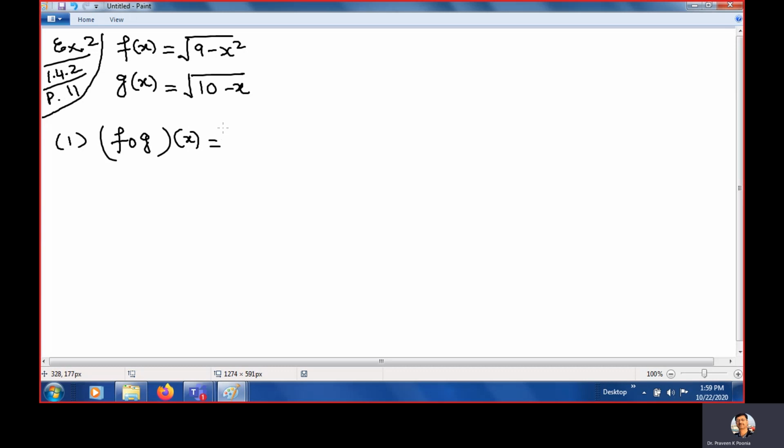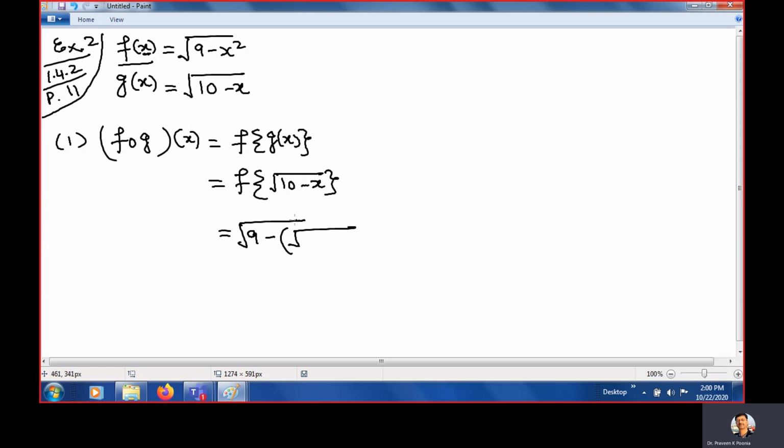Okay, let us find it. So f composition g means f of gx. So f, put the value of gx. The value of gx is square root of 10 minus x. And what is f saying? Wherever x is written, it is square root of 9 minus x squared. So what is the value of x here?